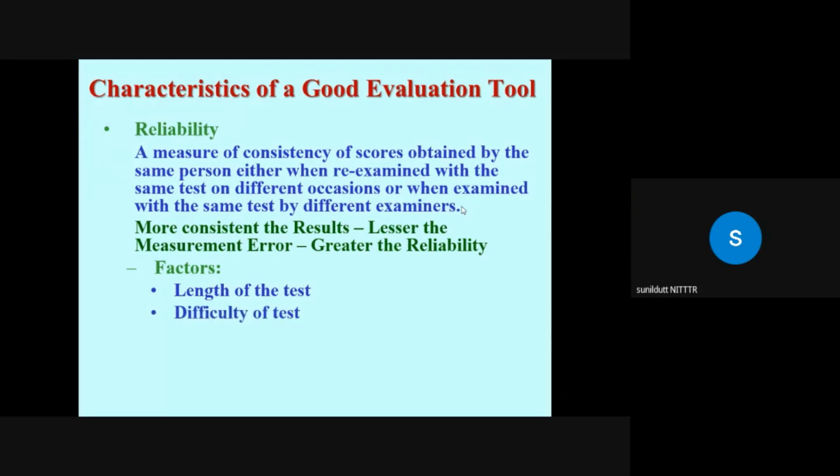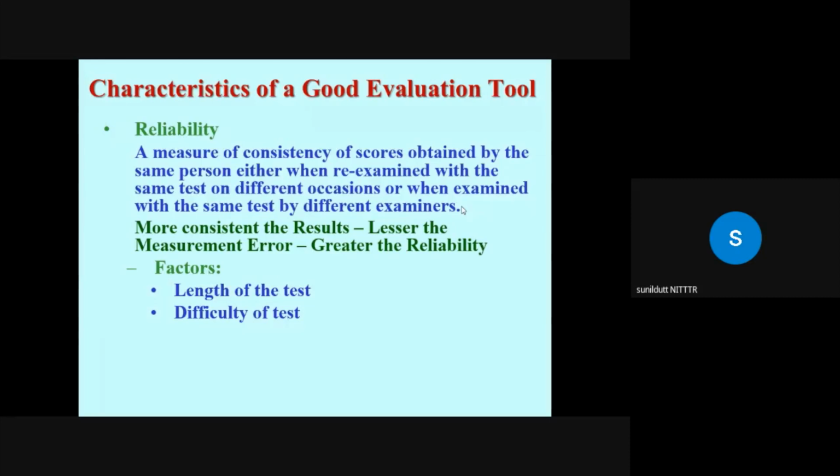Second factor is the difficulty of the test. That is, if the test is very difficult, the students' marks would be like 54, 53, 52, 51. If the test is very easy, the student mark will be 89, 88, 87. Now, what is reliability? Consistency from one measurement to another measurement.